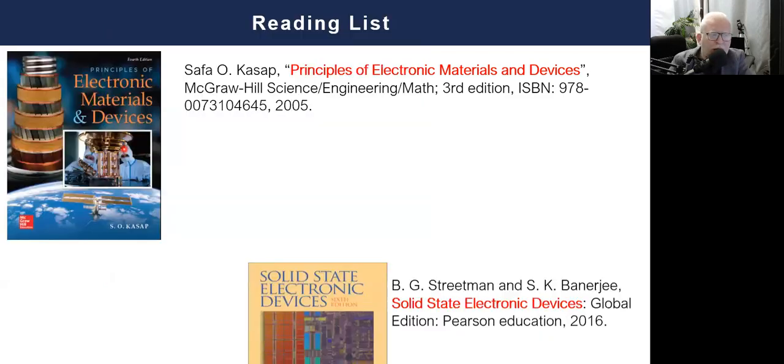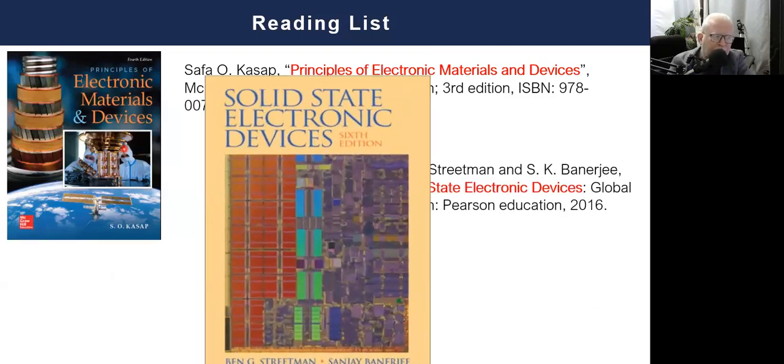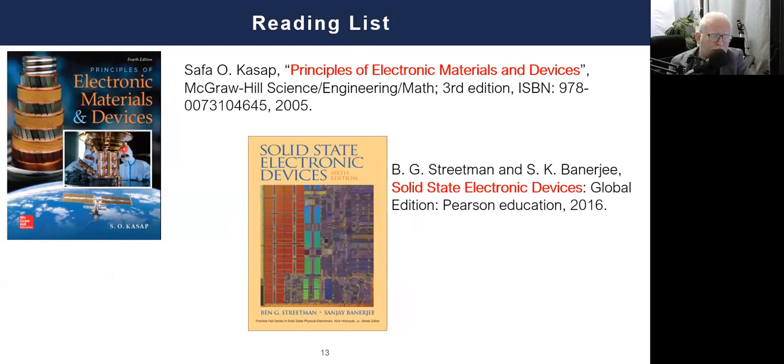But for the devices, I would appreciate using Solid State Electronic Devices by Streetman. This is a very famous and very standard reference in semiconductor devices modules. It's somehow old, but as I mentioned, it's a fundamental reference. So I would recommend using Solid State Electronic Devices. Of course, you can use any other reference in your module spec's reading list.